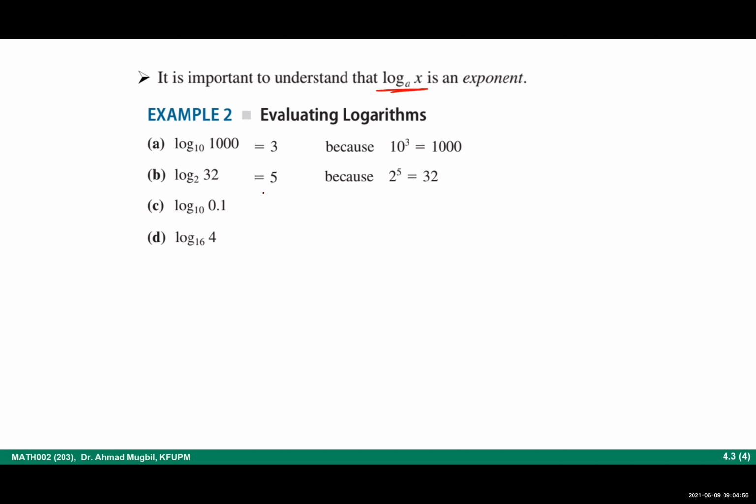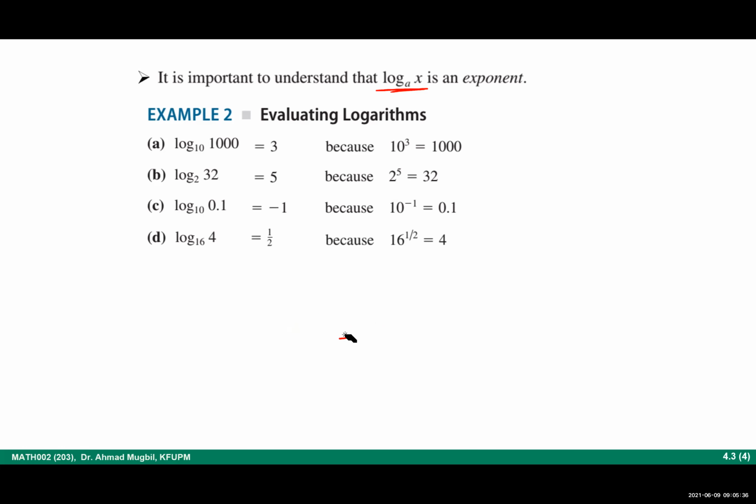Mansour al-Abdullah, what is log 16 of 4? You ask yourself, 16 to the power what equals 4? A half. Yes, you're right. Thank you.